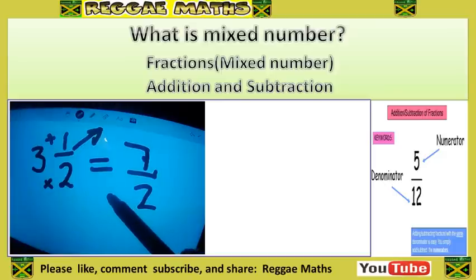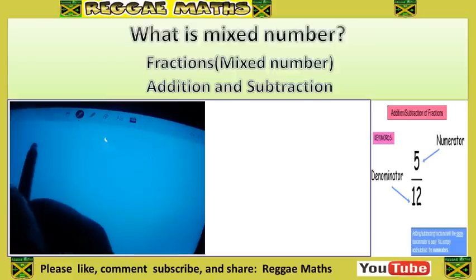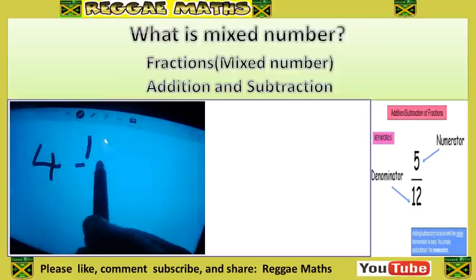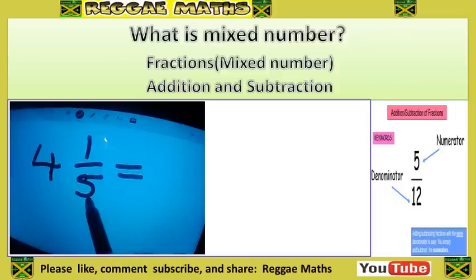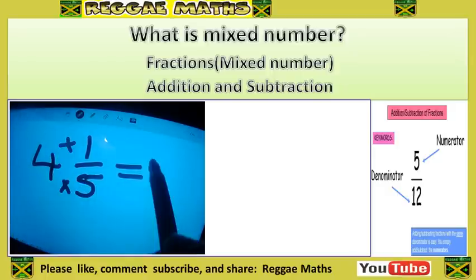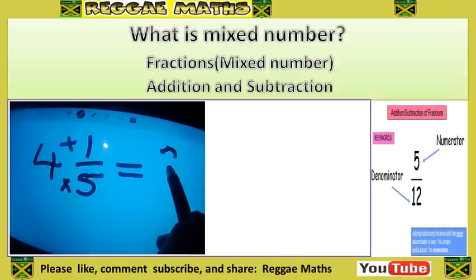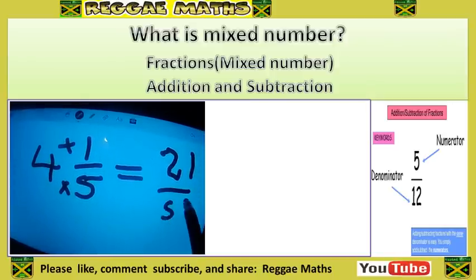So if we look at a couple more examples, we've got here 4 and 1/5. How do I turn this into a top heavy fraction? We turn this into a top heavy fraction by doing 5 times 4 plus 1. 5 times 4 is 20 plus 1 is 21 over 5.